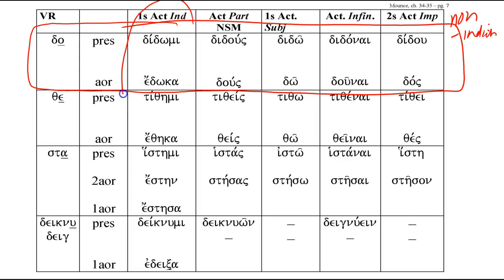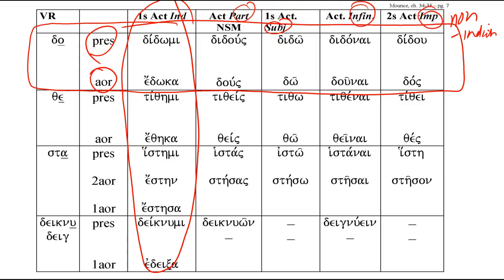Once you know the principal part, you know this column, the stem for the present and aorist in the indicative forms the basis for the stem for the participle, the subjunctive, the infinitive, and the imperative. So in the same way we worked through the non-indicative moods for didomi, I want you on your own to work through the non-indicative moods for the epsilon, alpha, and upsilon mi verbs.